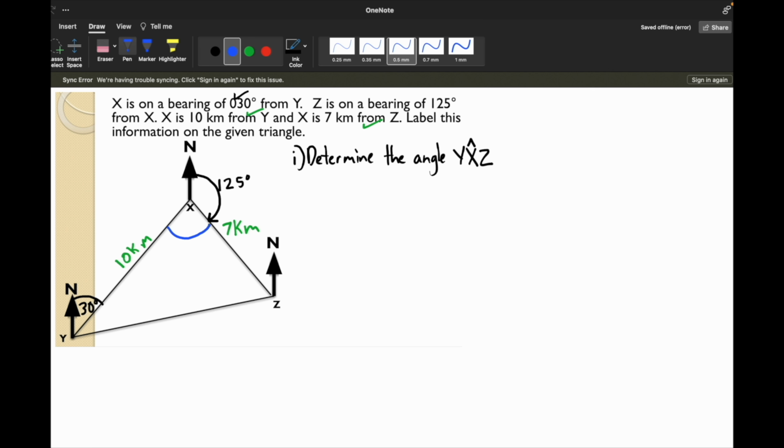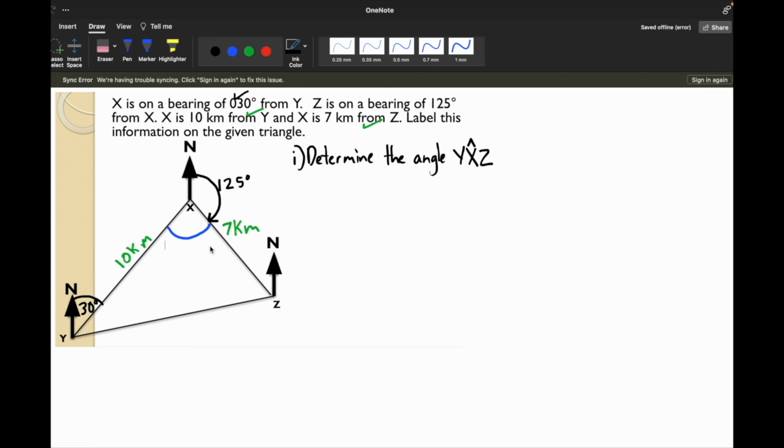I kind of showed y'all a little hint earlier of how we could calculate this. As soon as you figure it out, send it to me. What we're doing now is combining all our skills with the bearings, the sine rules, the cosine rules. Let's see what we get for this.